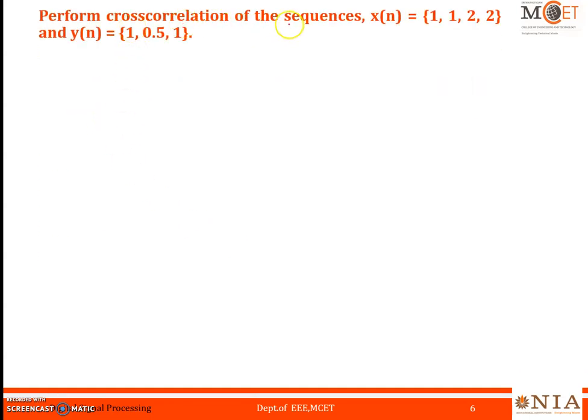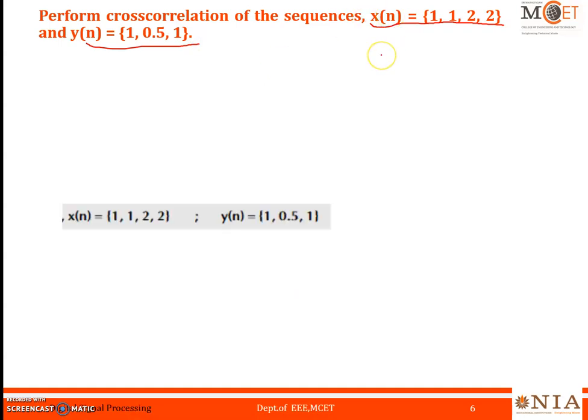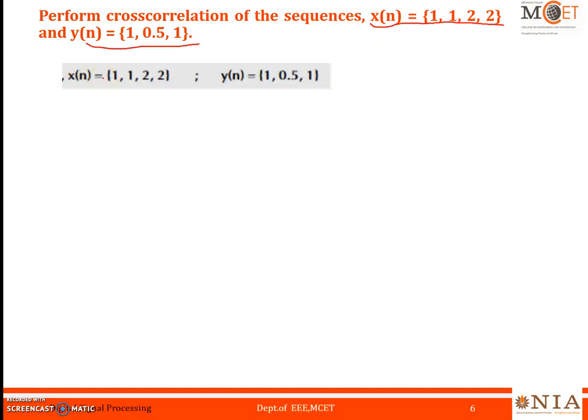Perform the cross correlation of the sequences x of n and y of n. Now we know that x of n value directly you have to take, and y of n is 1, 0.5, 1. When you are taking y of minus n, what's the value you will have? Y of minus n will be equal to the same value, 1, 0.5, 1.